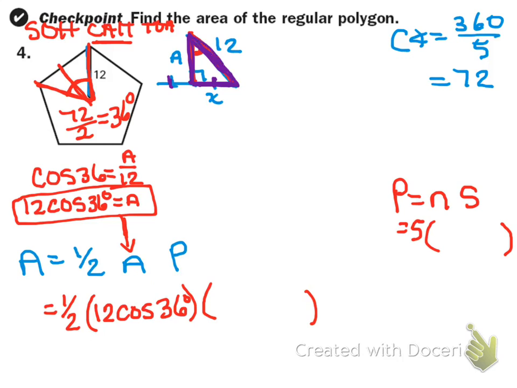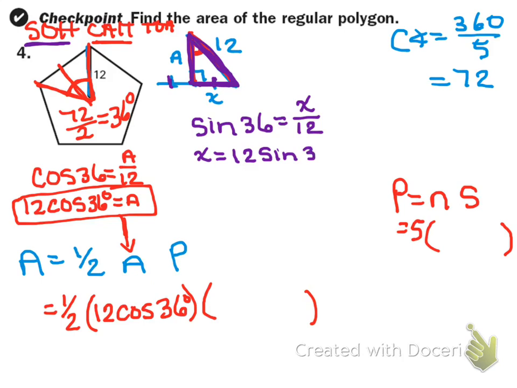So opposite and hypotenuse, looking at our trig ratios, you can see that that would be sine. So we take the sine of the 36-degree angle would be equal to the side opposite the angle over the hypotenuse. To solve for x, we would multiply both sides by 12, so that x would be equal to 12 times the sine of our 36-degree angle.